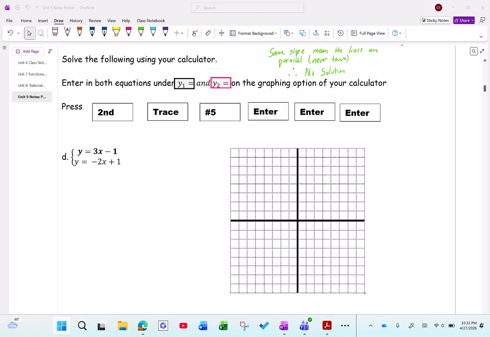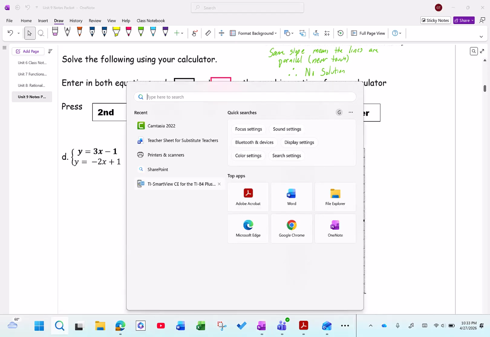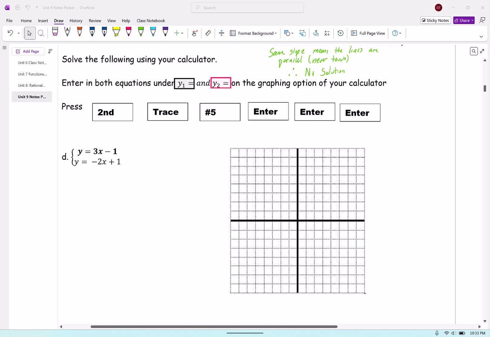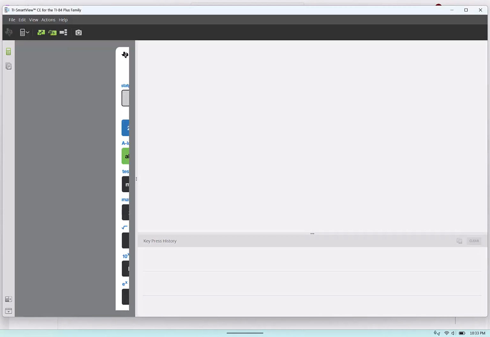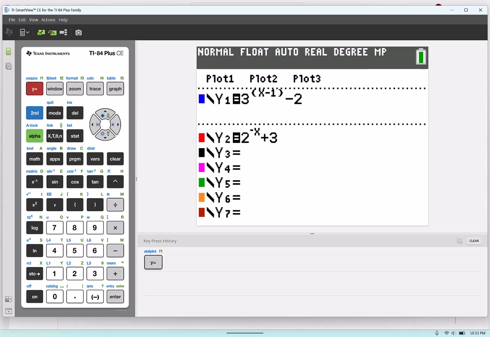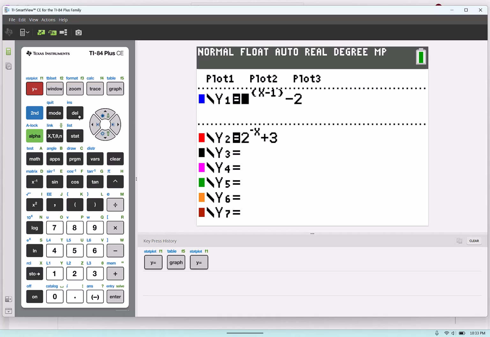All right, so let's do that together. Here we go. All right, cleared out.